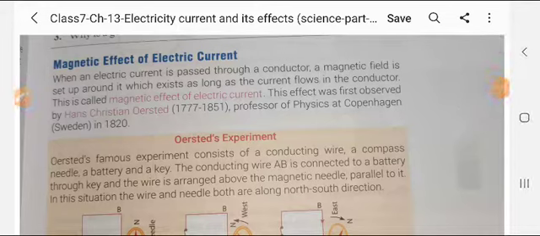when an electric current is passed through a conductor, that conductor creates a magnetic field around it, which exists as long as the current flows.